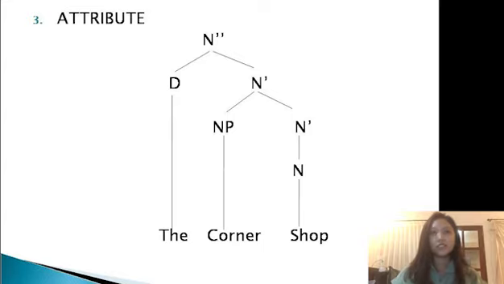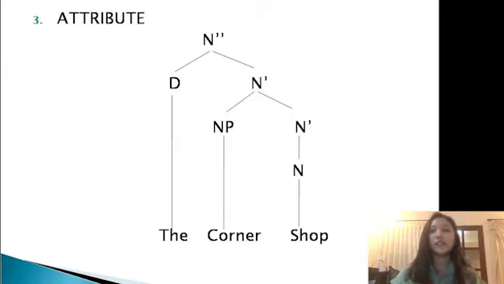For the third example, attribute. The example of attribute is the corner shop. In that tree diagram, there is an N double bar that branches into the determiner and N bar. The determiner in this tree diagram is the, and the N bar branches into noun phrase and N bar.